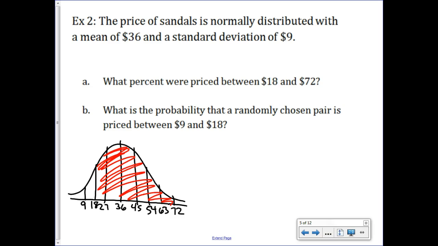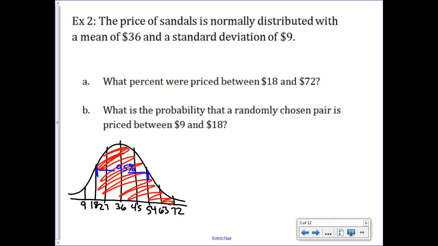So you can fill in those pieces individually, or you could look at knowing, in that first one it told us that 2 standard deviations, so from 18 over to 54, was 95%.